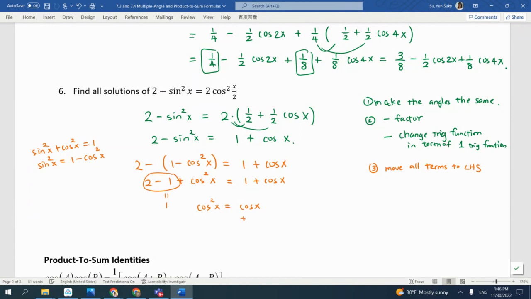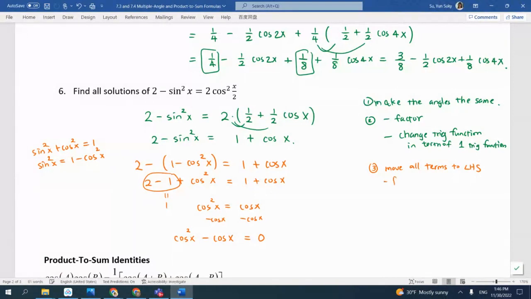We subtract cosine x on both sides, not add, my bad. So it's cosine x squared minus cosine x is 0. Right, everybody? We move all the terms to the left-hand side.